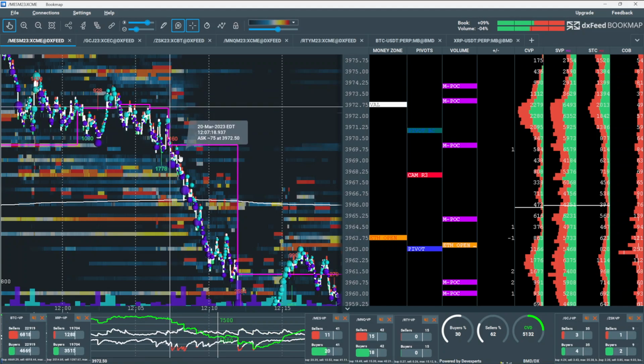So let me point this out. The push-up is asking if it's too high. You get the rejection and the breakdown, you get the test, you get the test, and it moves lower. Now the POC moves lower as well. You get the test of the POC, and it keeps on moving lower.